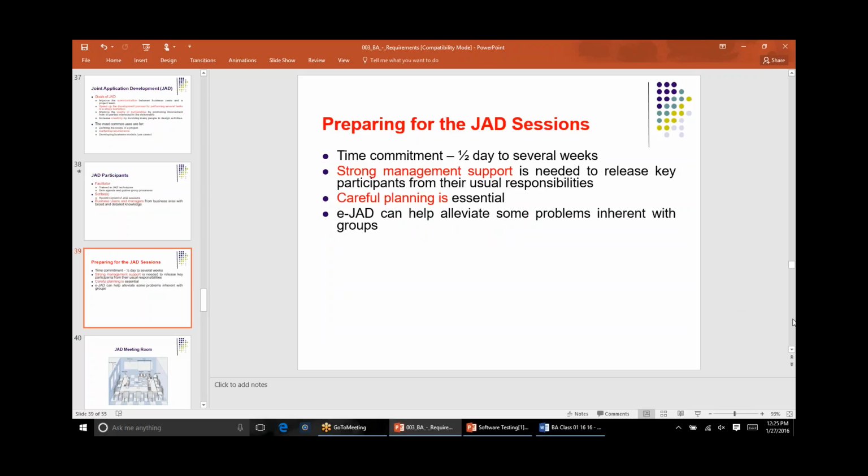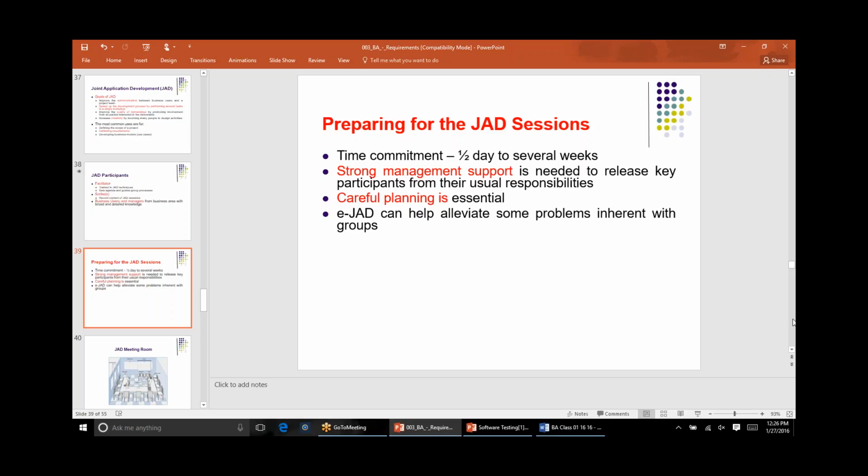Preparing for JAD sessions. Time commitment: half a day to several weeks. So when you are going to a JAD session, you don't just walk into it. It requires many hours of preparation. It could be half a day, 1 day, 2 days, 10 days. Before you conduct these workshops, there is always a planning session.